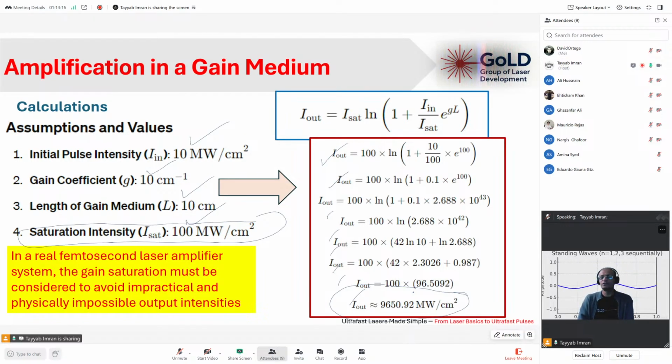How much was the input intensity? The initial intensity was 10 megawatts. So from 10 megawatts, it's almost 9600 megawatts. If you use this equation, you can calculate how much intensity we get at the output for whatever input intensity is given.